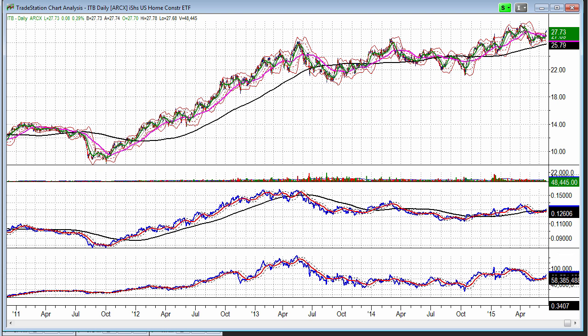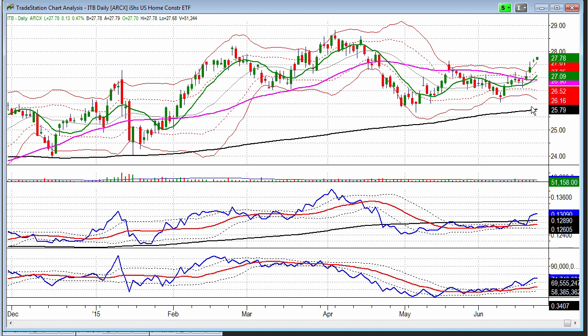So it had a really nice breakout of a long consolidation, multi-year consolidation, and it's just pulled back to that breakout level and now moving higher. So I like to see situations where both of these are moving in the same direction. They are right now. And they both have positive triple play readings here too.